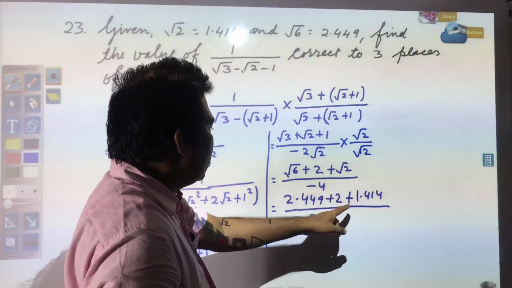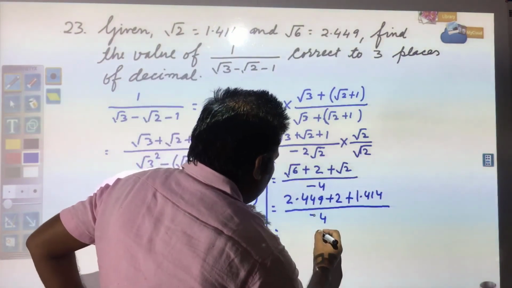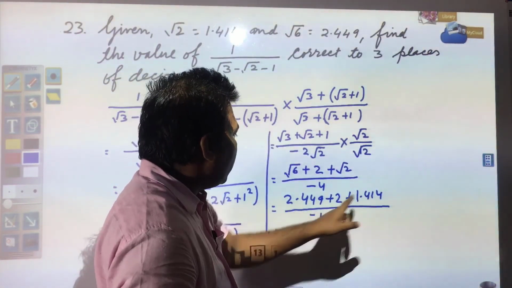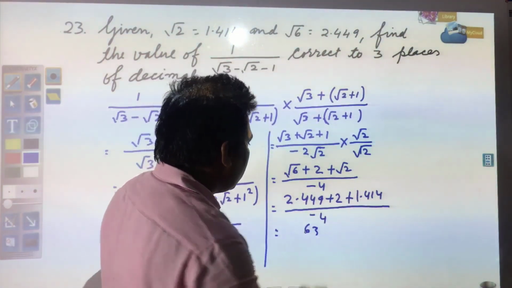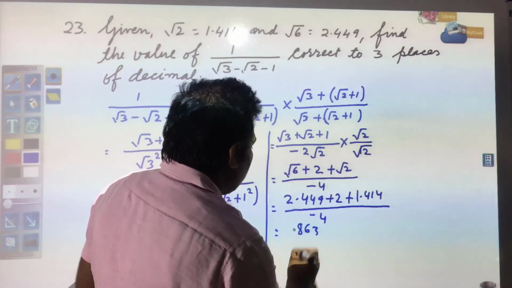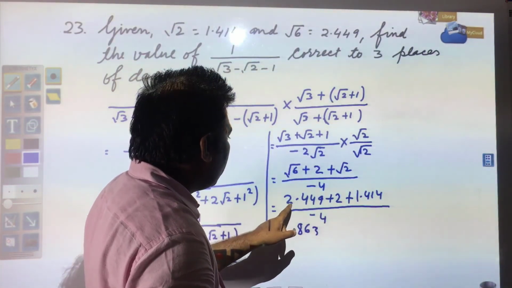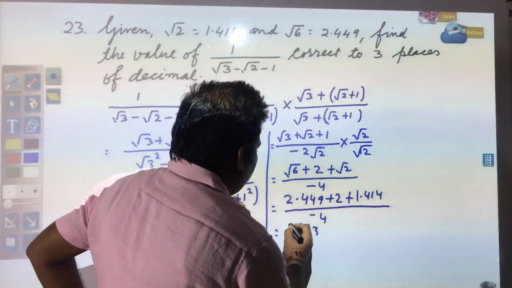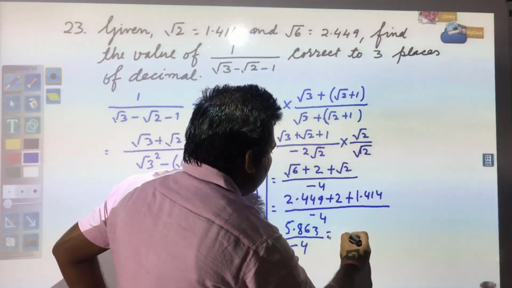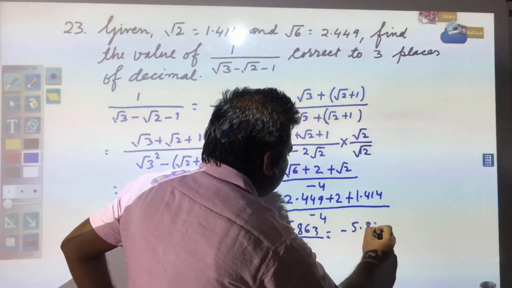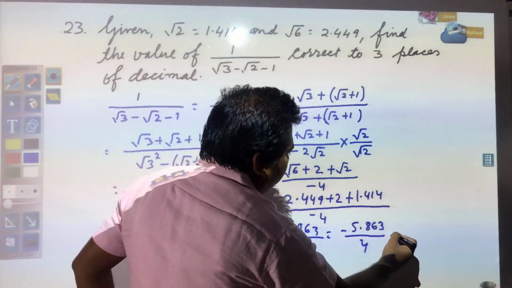What you will get? 4 and 9, 13, 1 and 4, 5 and 1, 6, and then 4 and 4 is equal to 8, and in decimal you have 1 and 2, 3 and 3 and 2, 5, divided by minus 4. It means minus 5.863 divided by 4.